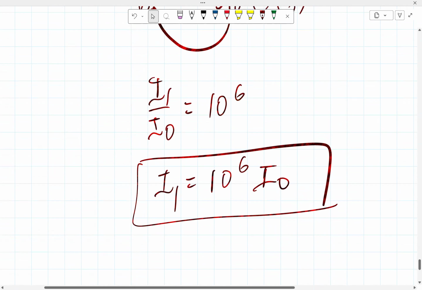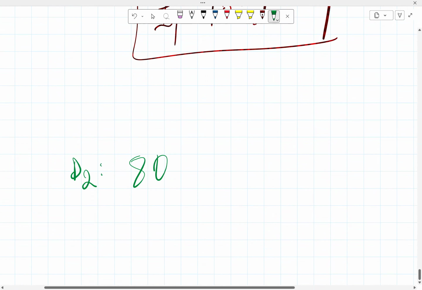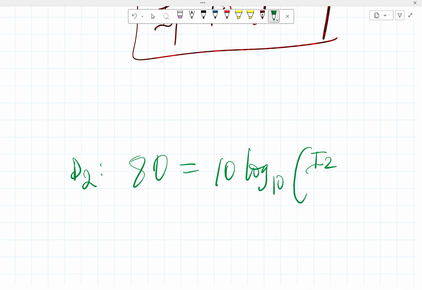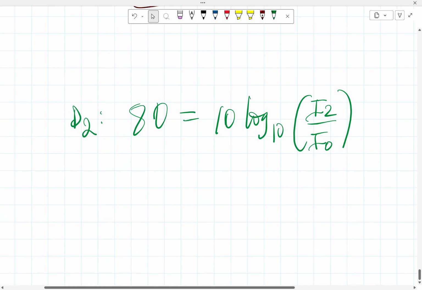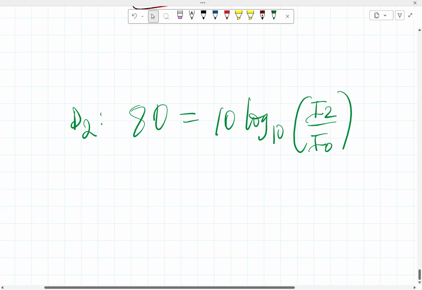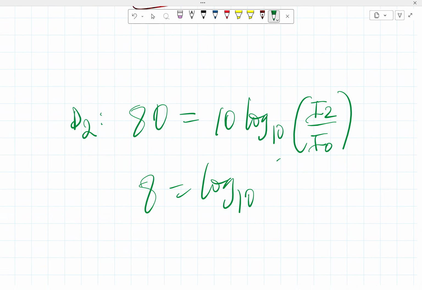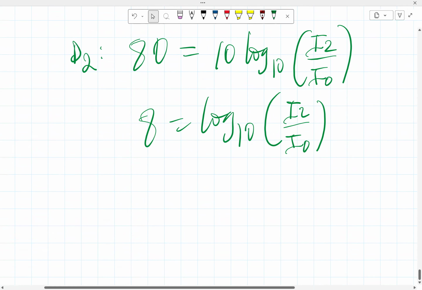So we have 80 equals 10 log to base 10 of intensity 2 all over the initial intensity, the reference intensity. So divide through by 10 again. So we have 8 is equal to log to base 10 of I2 over I naught. Okay. And from here, we can isolate I2 over I naught.